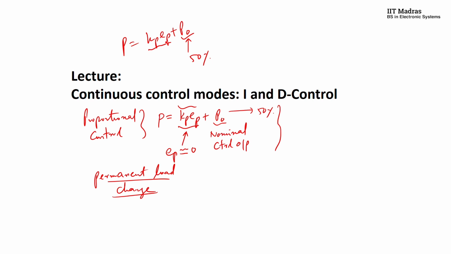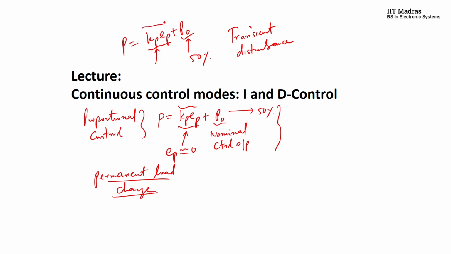Now if there is any transient change in the load, or transient disturbance to the system, it would disturb the system and that would be reflected in the error EP. The problem is that if the disturbance is transient, the error would be a little larger initially, and due to the control action Kp into EP, the error may return to a smaller value.